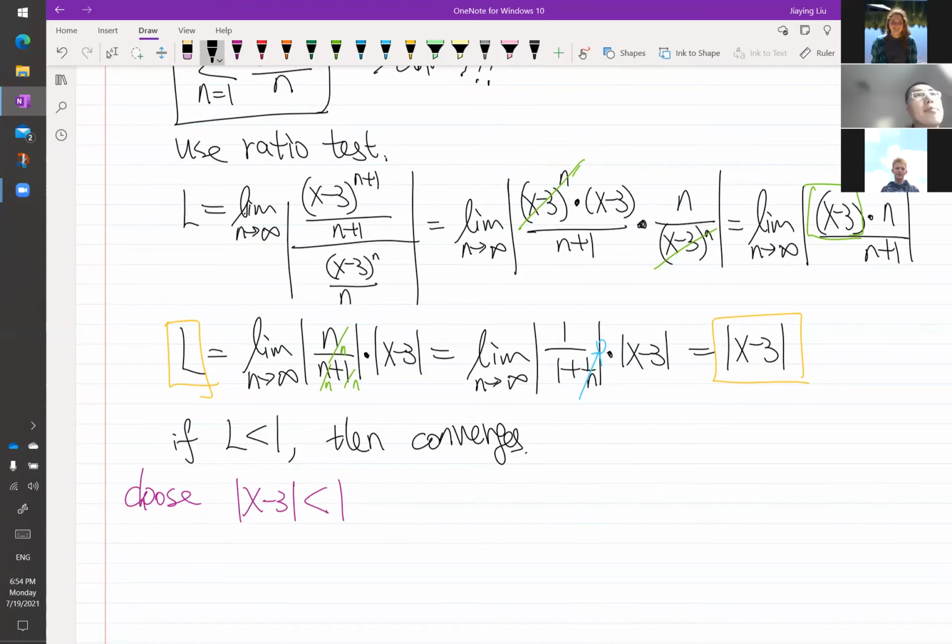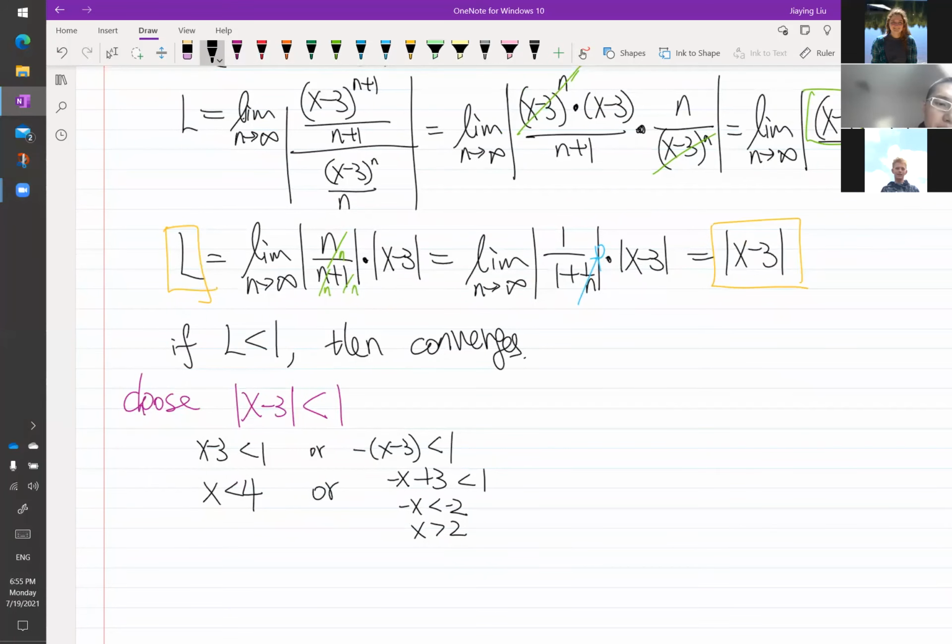And then what is the x value from here? I don't know if you're familiar with this or not. From here, you can write x minus 3 is less than 1, or the second case, when you add a negative sign in front of the absolute value, negative (x minus 3) is less than 1. If you solve the first, you get x is less than 4. The second part gives you negative x plus 3 is less than 1, so negative x is less than negative 2, so x is greater than 2.